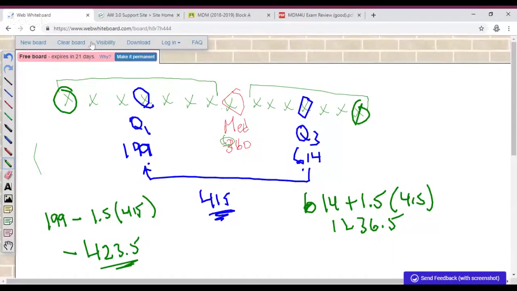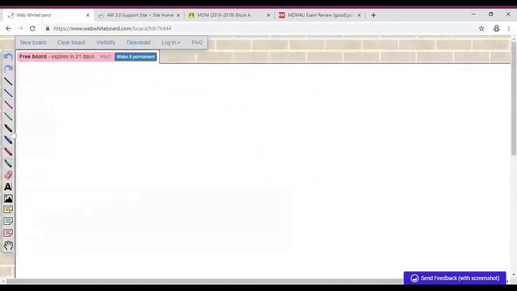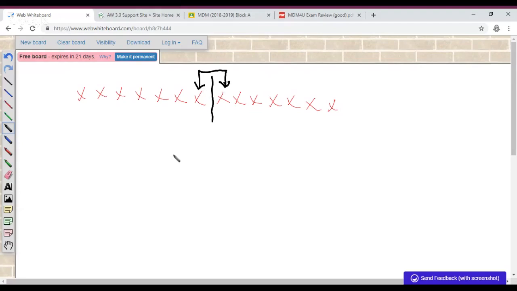If the number of pieces of data was even, so instead of 15 pieces of data, let's say I had 14. First I need to find the median. 14 evenly divides by 2, so I'm going to draw a line to divide first half, second half. To find the median, I take the midpoint of the 2 pieces of data in the middle.